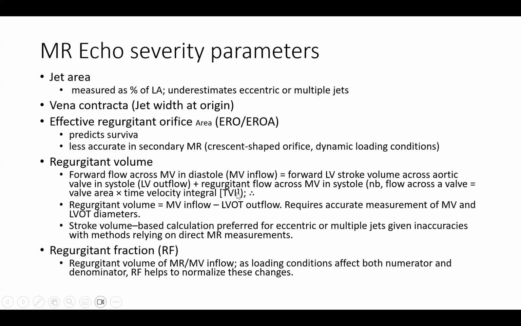And we could use the time velocity integral to get that. I think the continuity equation, right? So there are measurements that use stroke volume, which may be more accurate if we have eccentric or multiple jets, because some of these other measurements have their assumptions. Then the regurgitant fraction, which I'd already shown the formula.